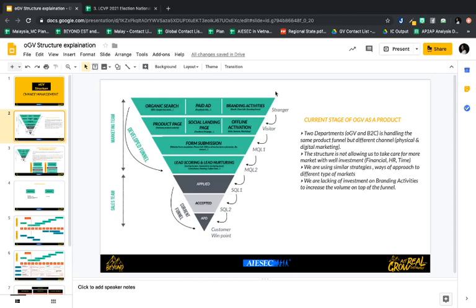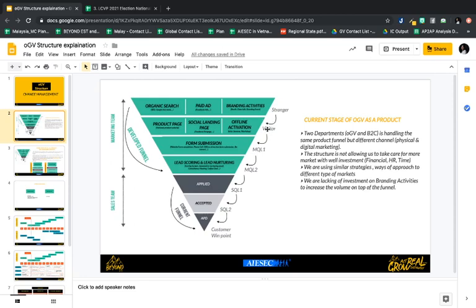So our customer goes from stranger to the customer win point, which is the point that the customer actually pays for us, which is approval. In the whole funnel, the customer goes from stranger, then becomes a visitor to our branding activity, or to our ad on Facebook or Instagram, or they just randomly reach it.